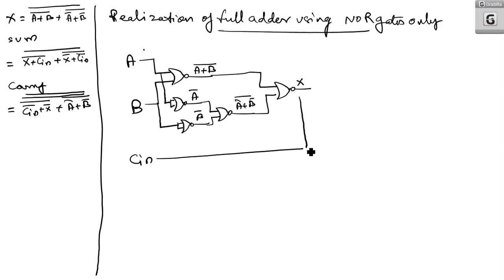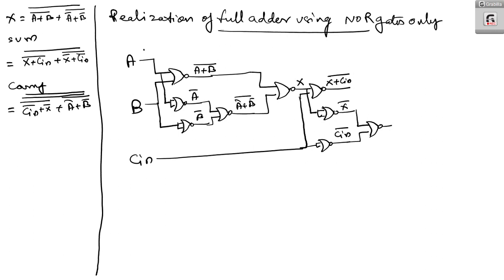H is ready. Take a NOR here. So this is H NOR Cin, then H bar. Here you have two same inputs with a NOR gate, so you get H bar. Here you will get Cin bar.